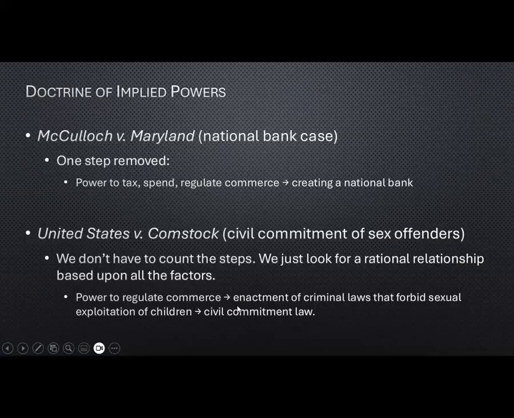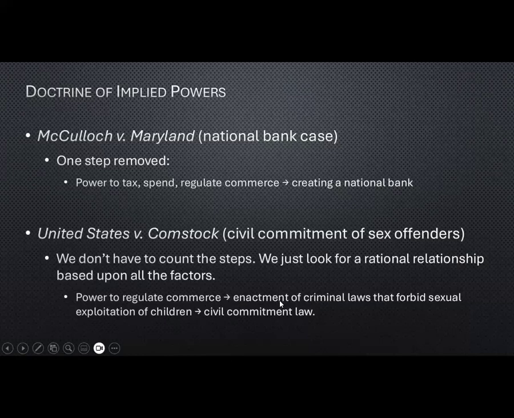You see, it takes several steps to get from an enumerated power, the power to regulate, down to that civil commitment law. And even this one probably sounds like a stretch to you. How does the power to regulate commerce give Congress the authority to enact criminal laws that forbid sexual exploitation of children? I mean, that alone is a leap. There are a variety of different tests the court uses to determine the propriety of a Commerce Clause power.